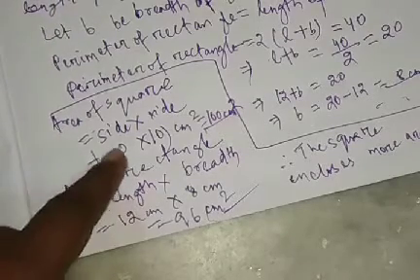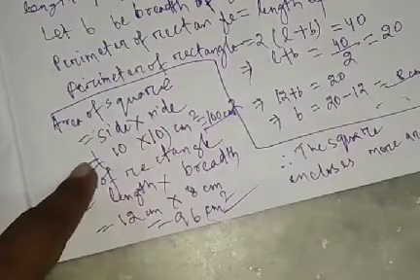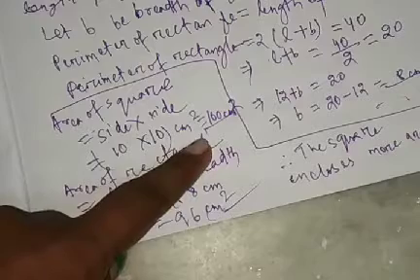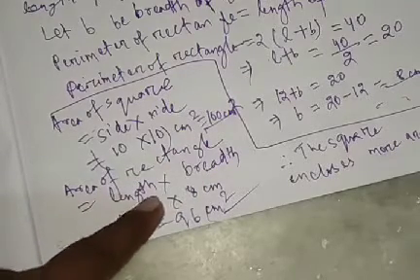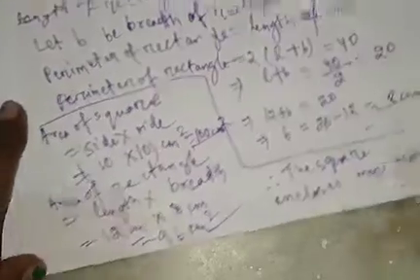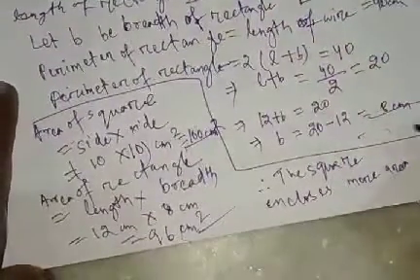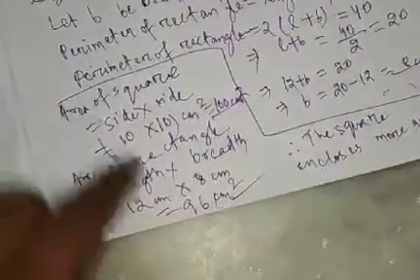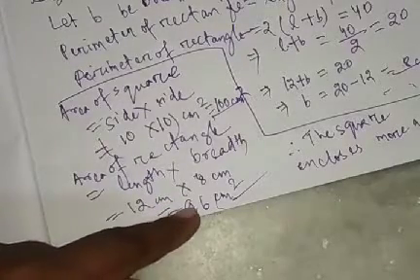Here I have found out area of square equal to side into side, that is 10 into 10 cm square, that is 100 centimeter square. And area of rectangle is how much? Length into breadth, that is 12 centimeter and 8 centimeter. So 12 into 8 centimeter equal to how much? 96 square centimeter.